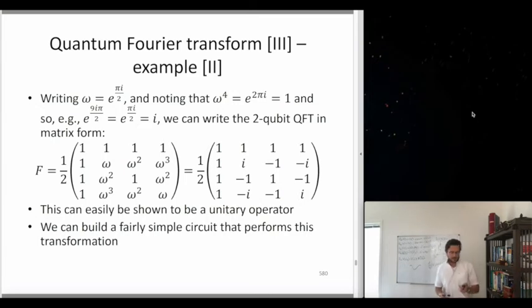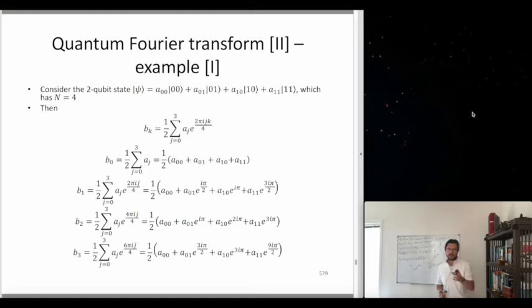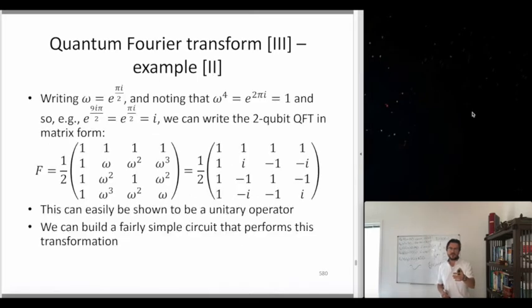Okay, and when you look back, I will just hop back to that original calculation. So we want to create a unitary out of that. So look at the signal B0 here. You have the amplitudes A00, 01, 10, 11. And you don't have any other amplitude before, which means you have all ones. So the first line that you see here is all ones.